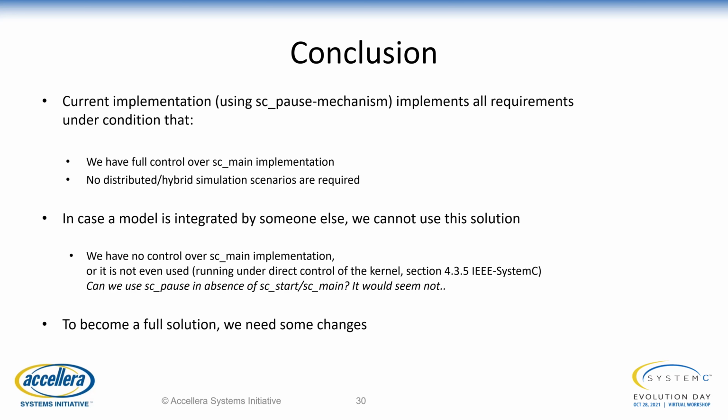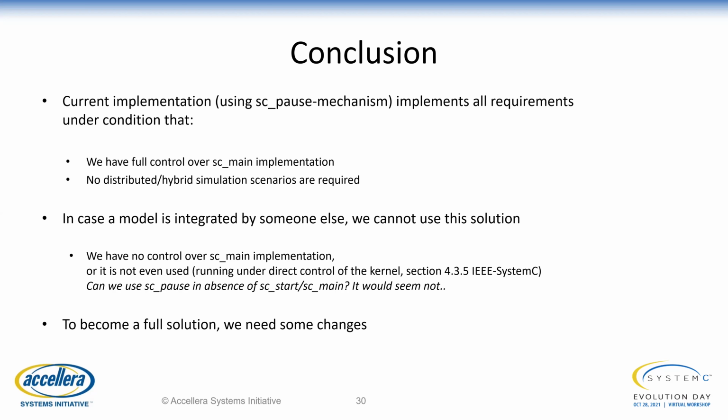There's even another case where we might not be able to use this solution, which is that SC main is not even used. If you look at section 4.3.5 of the manual, it states that you can also run under direct control over the kernel.